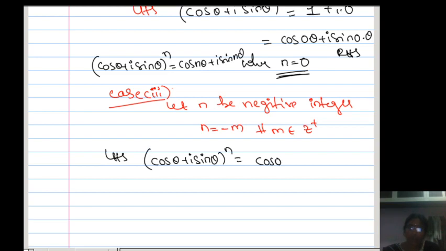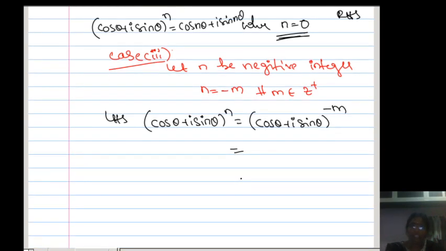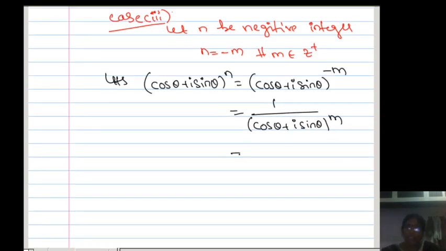So I write (cos theta + i sin theta) whole power minus m, which can be written as 1 by (cos theta + i sin theta) whole power m. Now m is a positive integer.